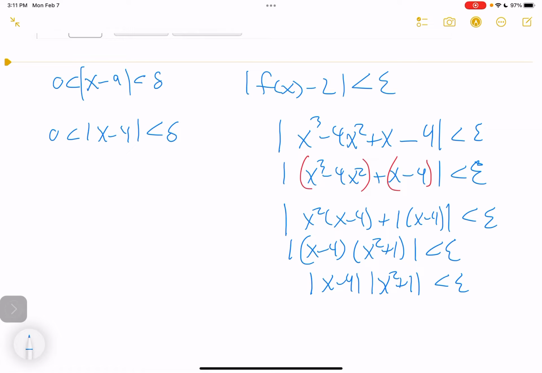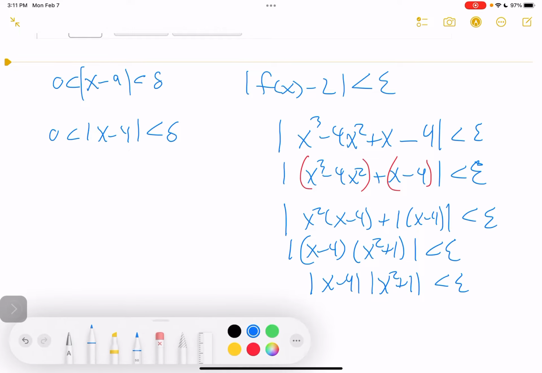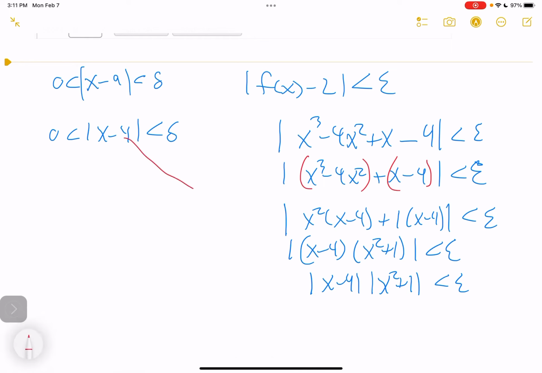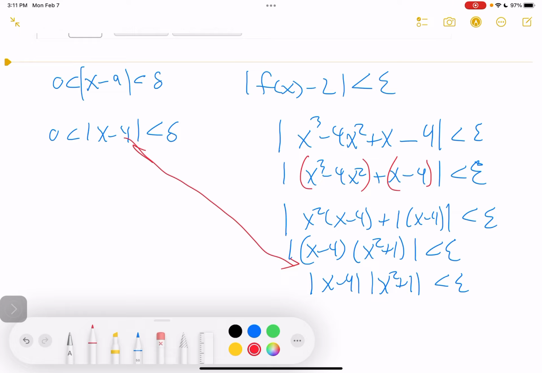Okay, with that in mind, we see this x minus 4 connection going on. And the idea is we want to then modify the x minus 4 to get it to look like the x squared plus 1. So we could use some fun-filled algebra techniques.